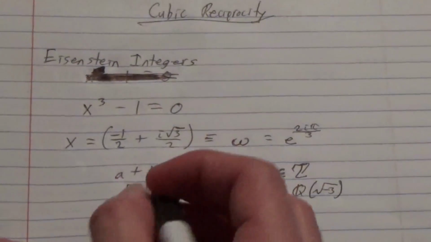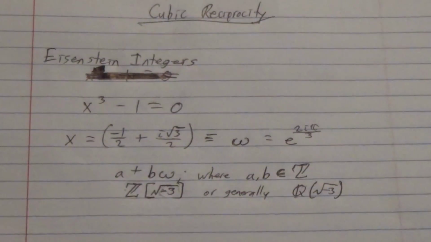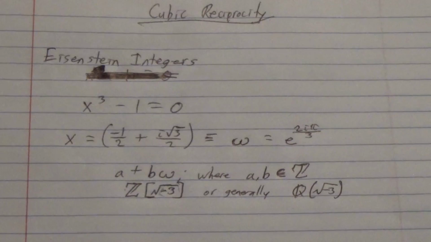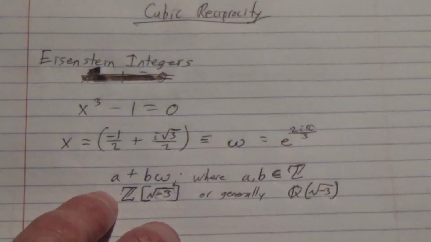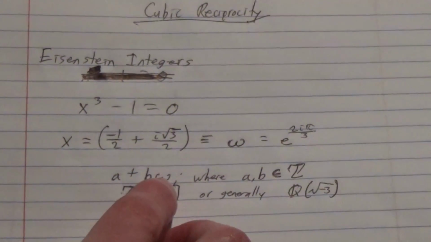We could invent other systems, or construct other rings. For instance, Z of the square root of 2 would be a pretty good example, where every element is of the form a plus b square root 2.